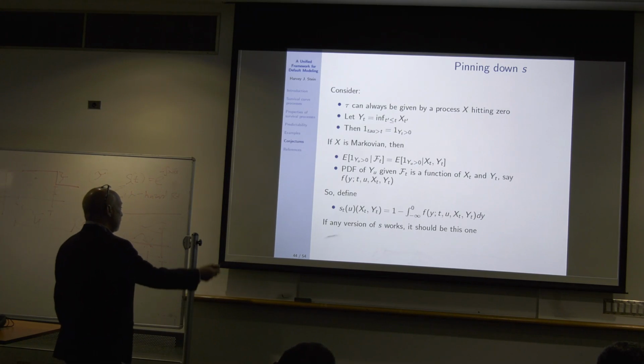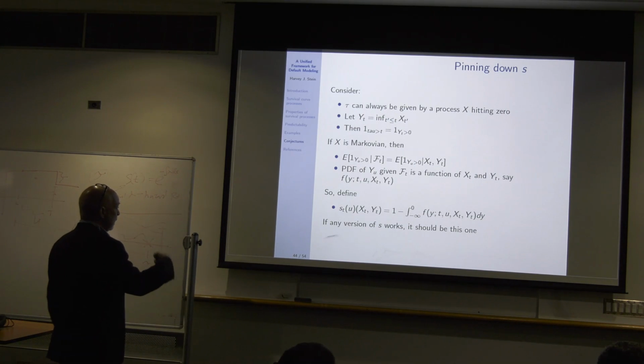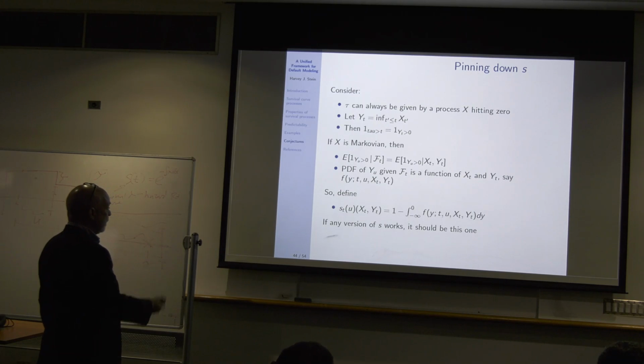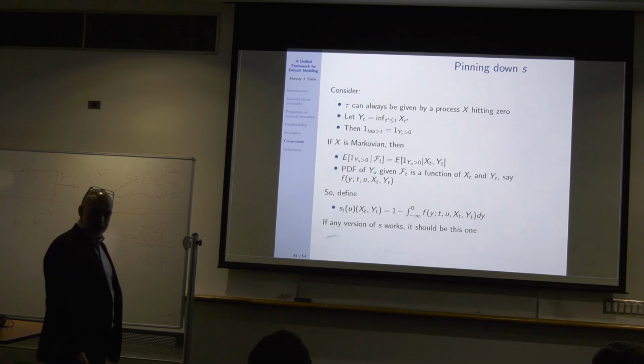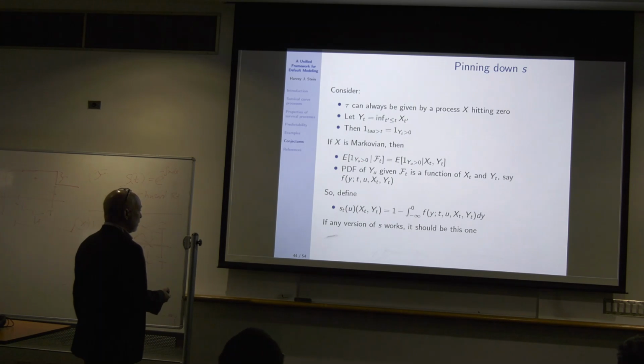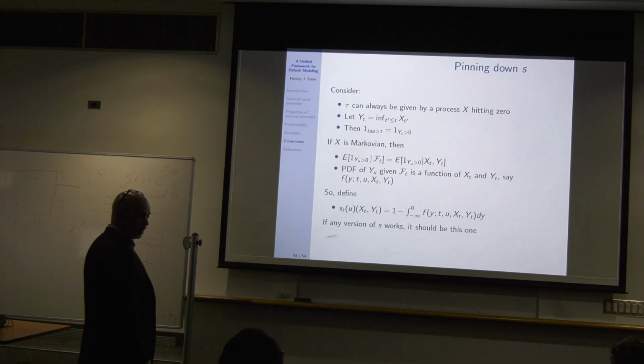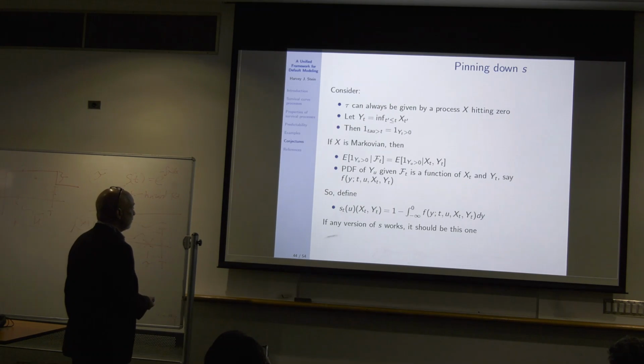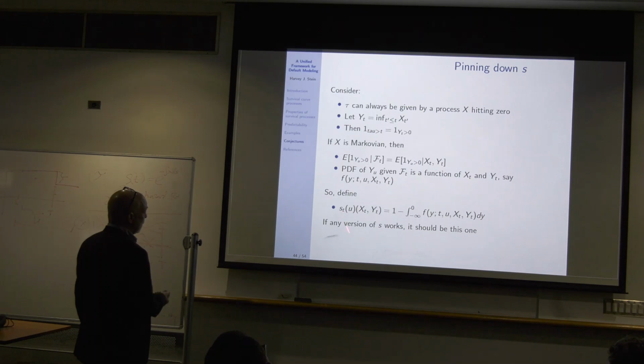So you would think that if any version of s works for these conjectures, it would have to be at least this one in the case where it's given by a Markovian process hitting a barrier. But I haven't proved it, so it remains a conjecture that this works. But this is kind of formalized.